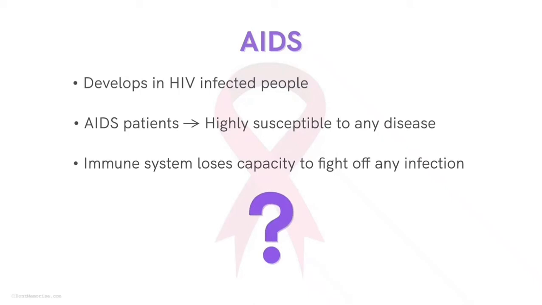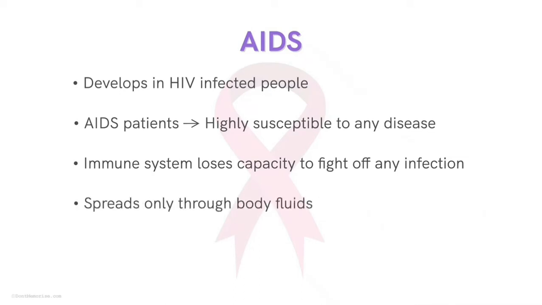Now, how does this virus enter a healthy host? The HIV has the tendency to stay active and spread only through body fluids. So it gets access to a healthy host's body only through some form of body fluid. These can include blood, semen, placental transmission, and many other ways.